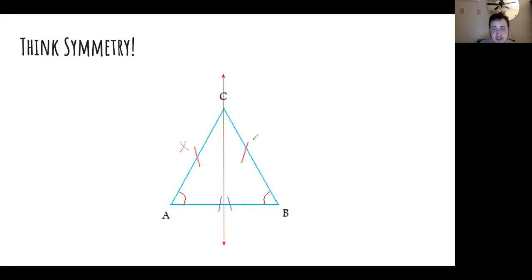let's say that this is a side length of 7 going from C to B. So I'm just going to say that CB is equal to 7. Then if we want to find AB or AC, I could say that AC is equal to X, which is also equal to 7.